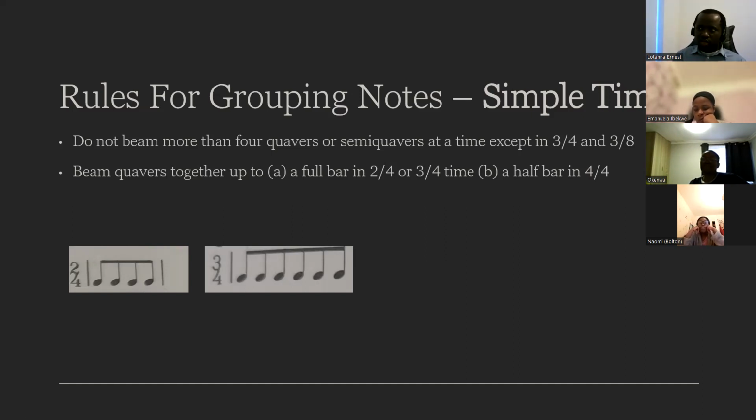Whether it is 2/4 or 3/4, in the case of 3/4, you can beam all the quavers that make up that bar, which will now be 6 quavers, because 3/4 is 3 crochets in a bar. If you divide it further, it will be 6 quavers in a bar. So you can beam all the quavers that make up 3/4 or 2/4, but you cannot beam all the quavers in 4/4. How many quavers are you going to have in 4/4? Let me ask you.